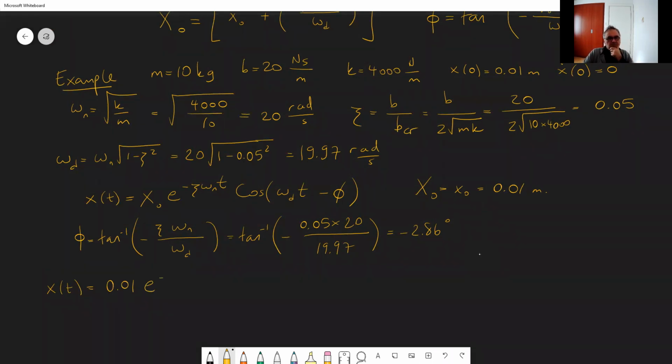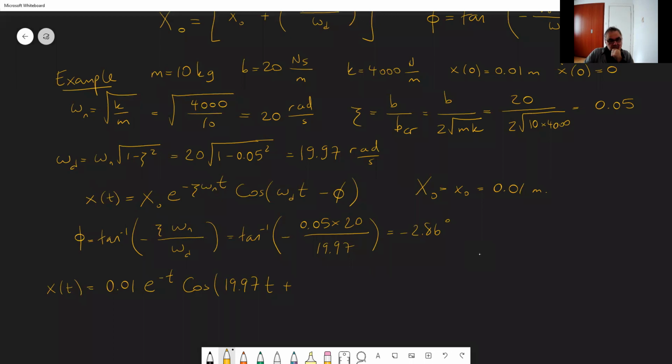Exactly. 20 times 0.05 e to the t, right? It is a minus, minus is a plus, 2.86 degrees.